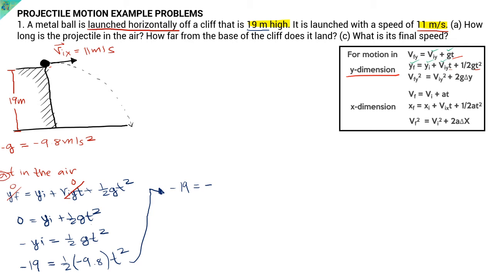Let me get my calculator so I can compute already. Okay, here's my calculator, and of course this is 1/2 multiplied by negative 9.8. That'll be negative 4.9 t squared. So we have to divide both sides by negative 4.9, so we can isolate t squared there.